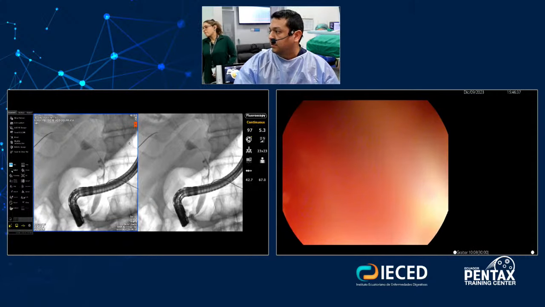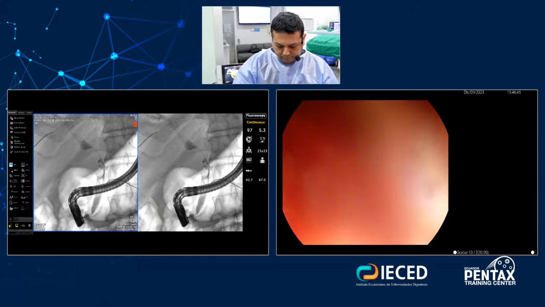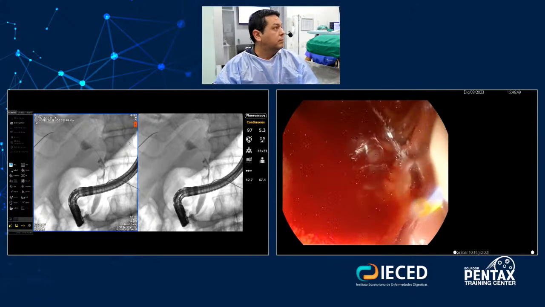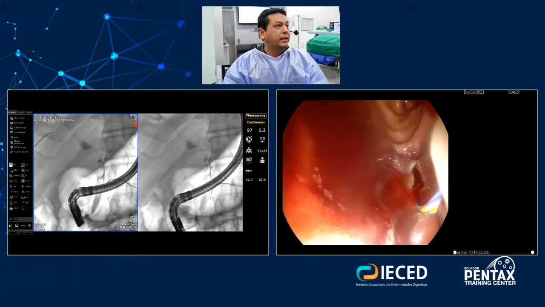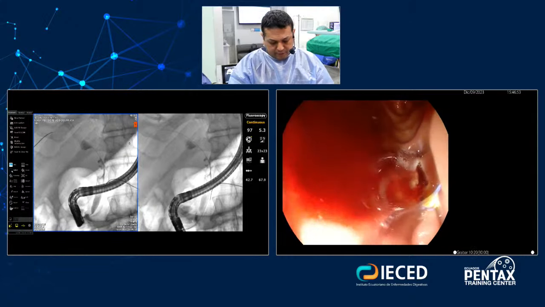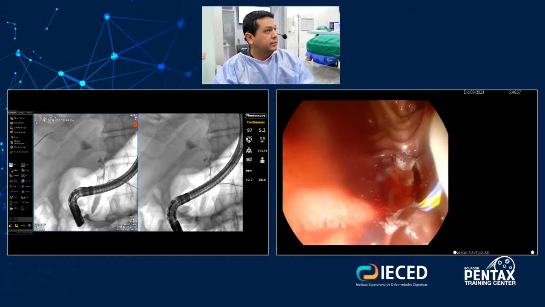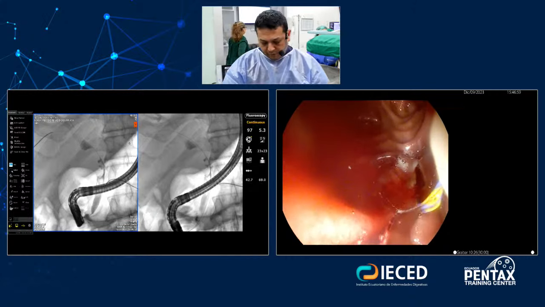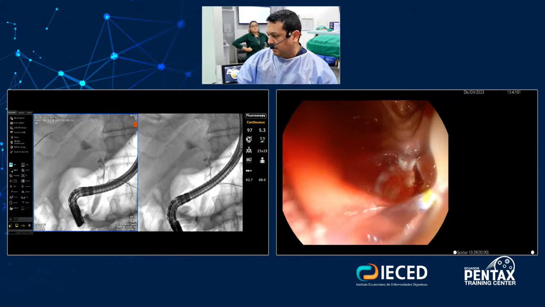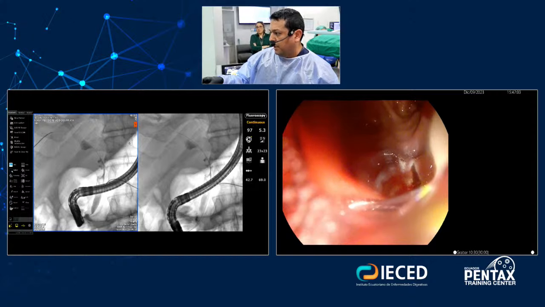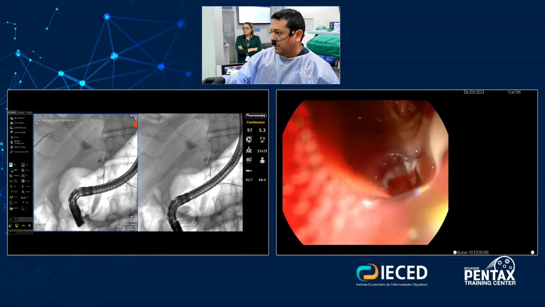So I will let a biodegradable stent in the pancreatic duct just to avoid pancreatitis because of the manipulation of the main pancreatic duct.